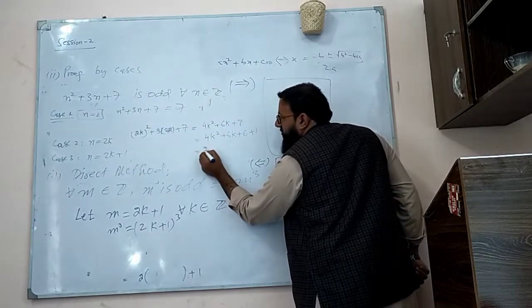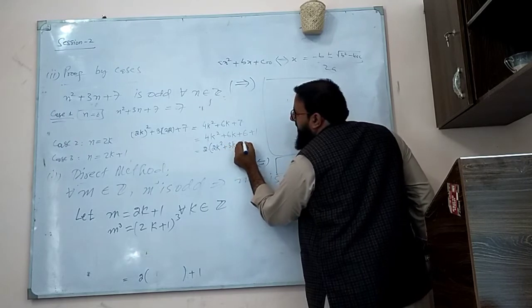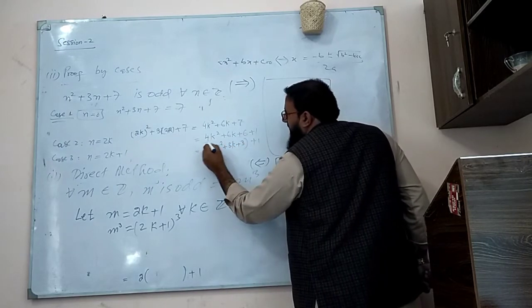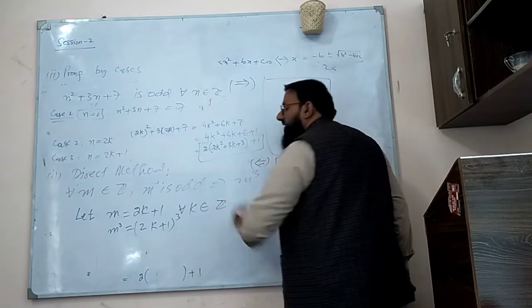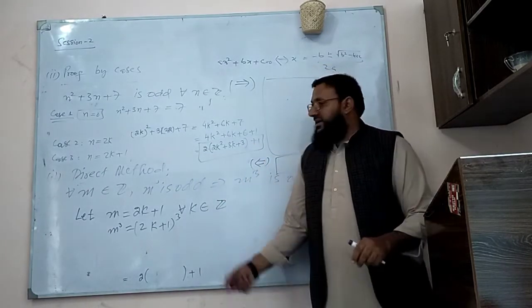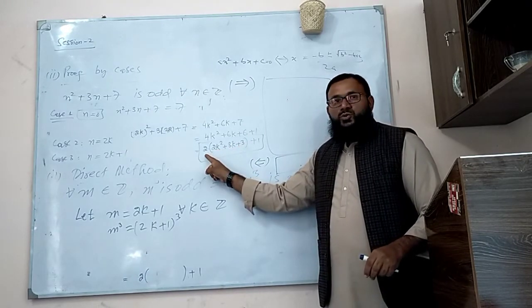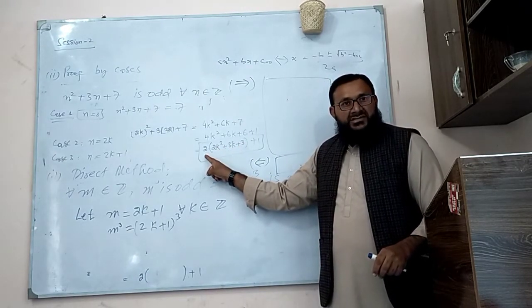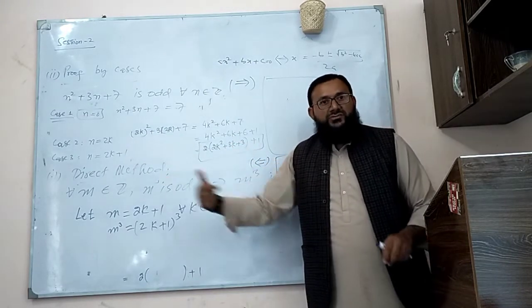You can take 2 common: 2 times (2k squared plus 3k plus 3) plus 1. If you are able to write something in this form, it means the answer must be odd, because an integer multiplied by 2 is always even, and if you add 1 to an even number, the answer is always odd.